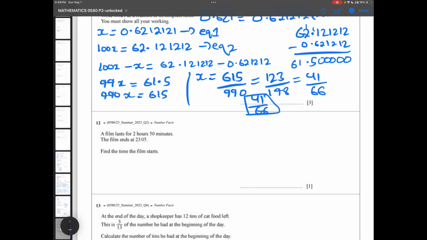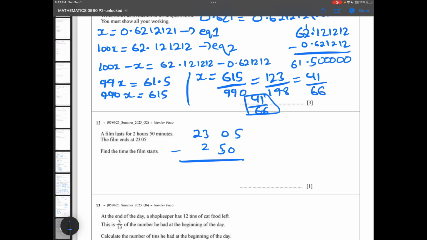So let's do that. First I will write 23:05. I need to subtract 2 hours 50 minutes from it. Whenever you are subtracting times and you see that we have to subtract 50 minutes from 5, we have to subtract the greater minutes from the lesser number of minutes.